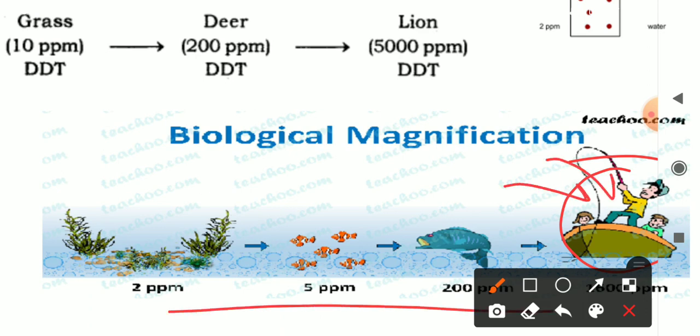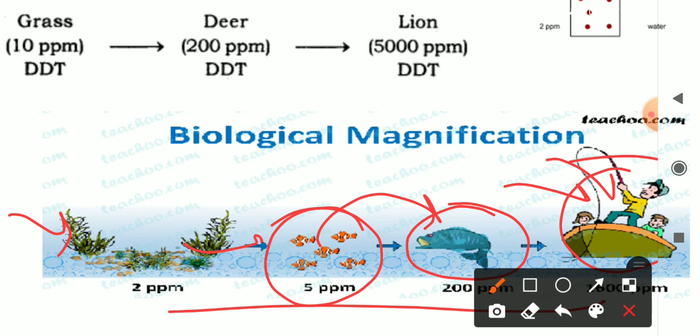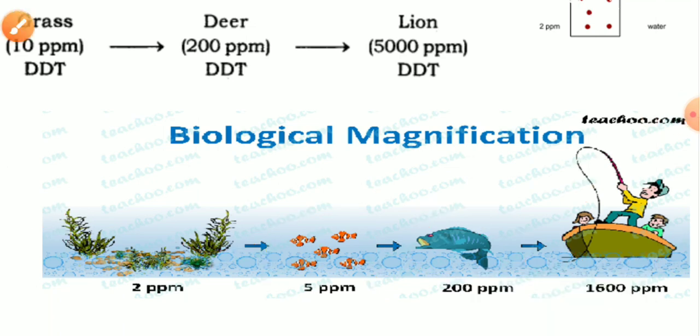This is an aquatic food chain. So suppose pesticides are sprayed in the field, they move to the water body, then from the water body they go into the body of small fishes. They may then be consumed by the larger fishes, so pesticides will move into the body of the larger fishes, and then when they are consumed by human beings, we will be having the highest level of pesticides.